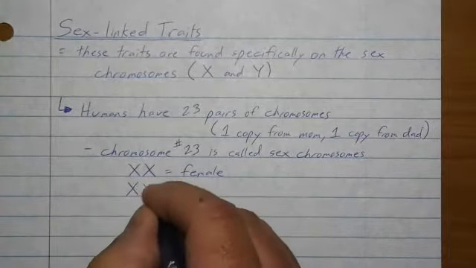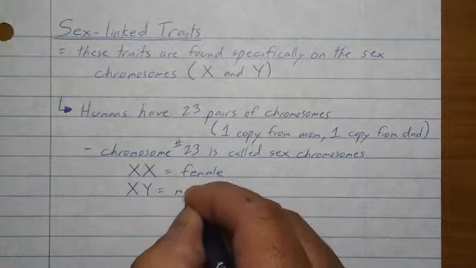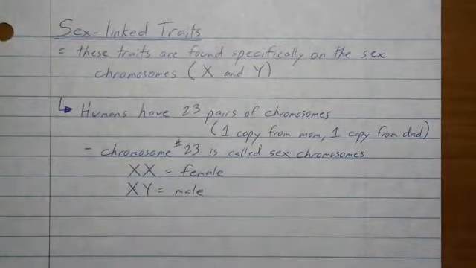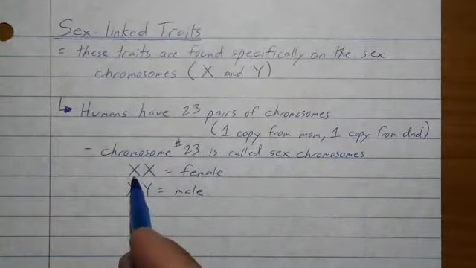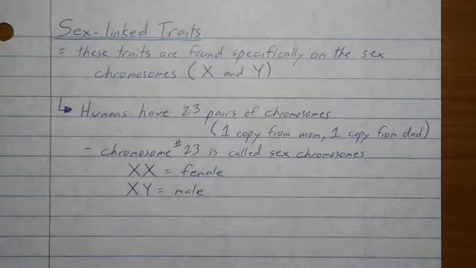If you are XY, then you will form the developmental system of a male. The proteins that are made in this combination turn out to have male genitalia, male reproductive system. The proteins from the other combination make the female reproductive system and the female genitalia and all the things that go with them in puberty and all that stuff.